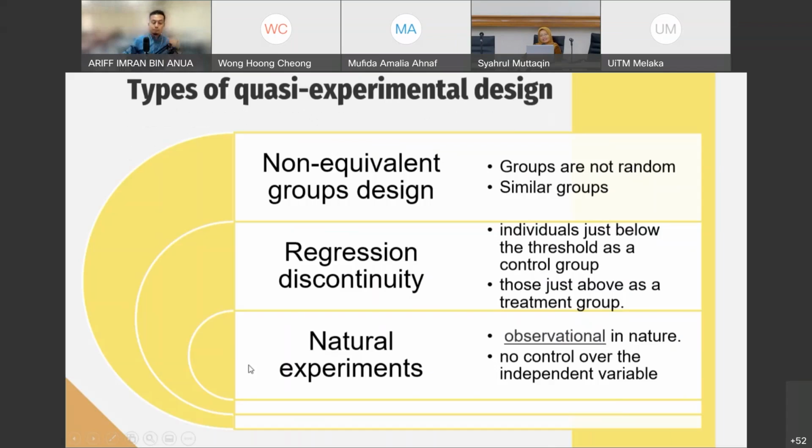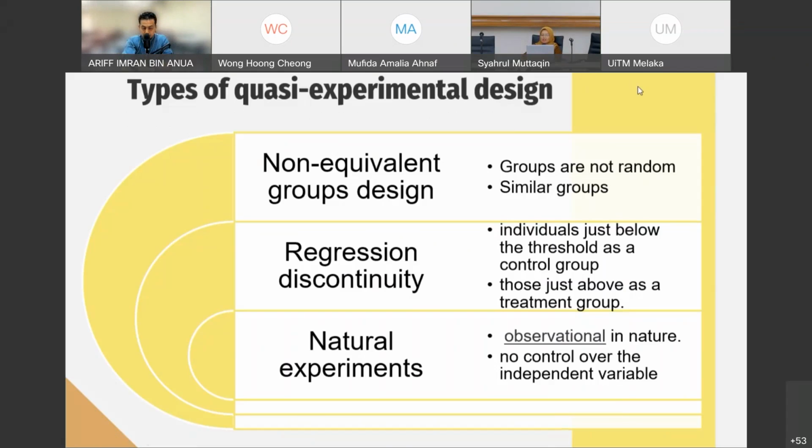Well, the types of quasi-experimental design could be non-equivalent group designs, regression discontinuity, and also natural experiments. For non-equivalent group design, groups are not random, so the groups are similar.